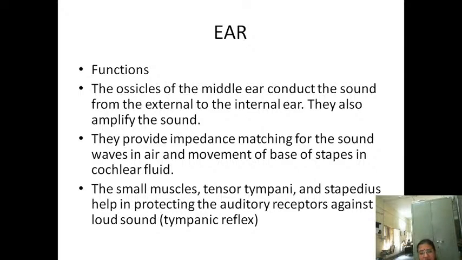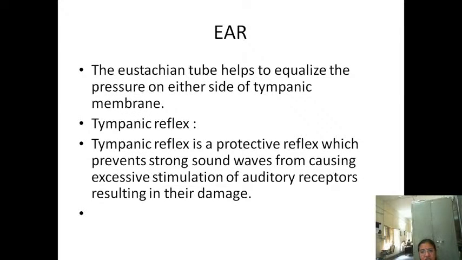The small muscles, tensor tympani and stapedius, help in protecting the auditory receptors, that is the receptors for hearing, against loud sound. It is called the tympanic reflex. The eustachian tube helps to equalize the pressure on either side of the tympanic membrane.